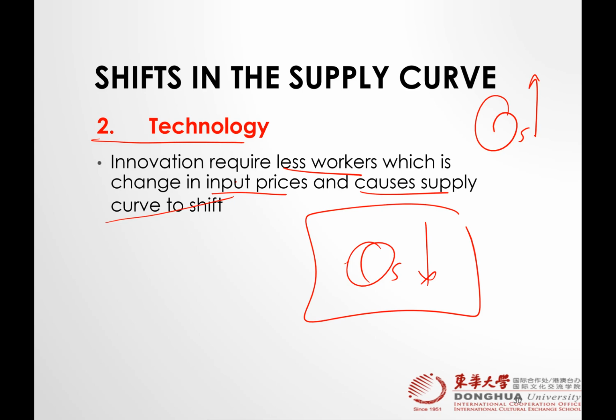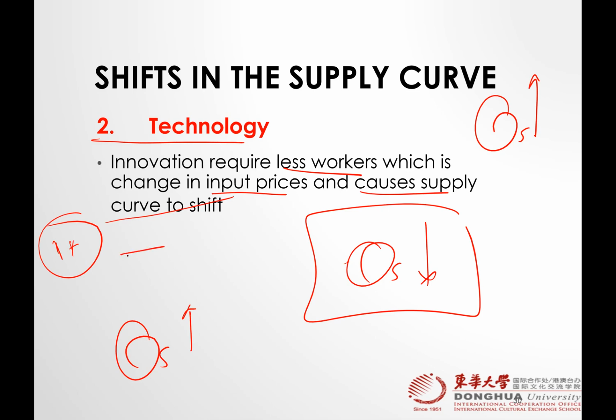So the crux of the analysis is that technology always increases supply. Why? Because you will invest in technology that will increase your production. And what happens when production rises? For example, the price is the same. Price of ice cream, for example, is 1 yuan.